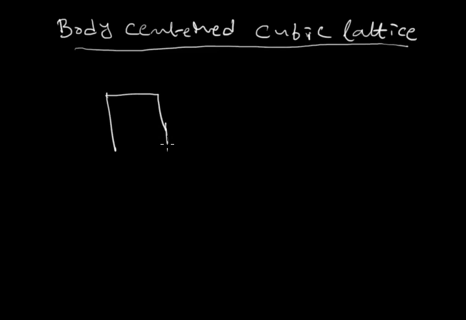This is a cube, and at the 8 corners there are 8 constituent particles, and at the center there is one point which is only shared by this unit cell.